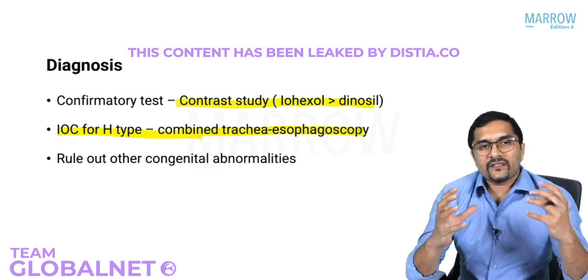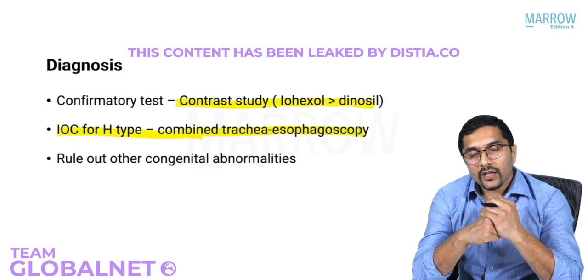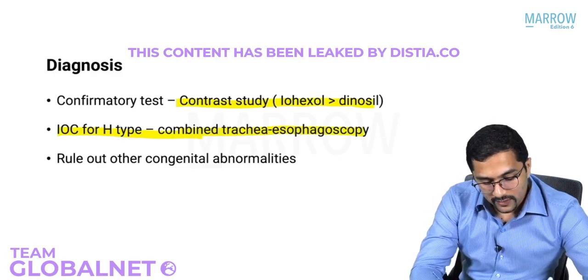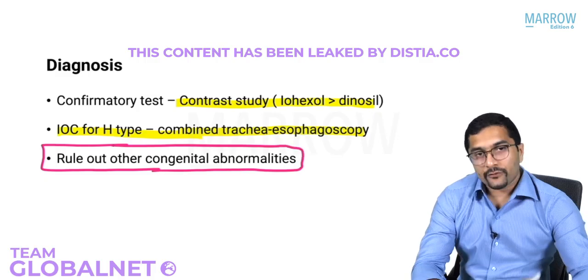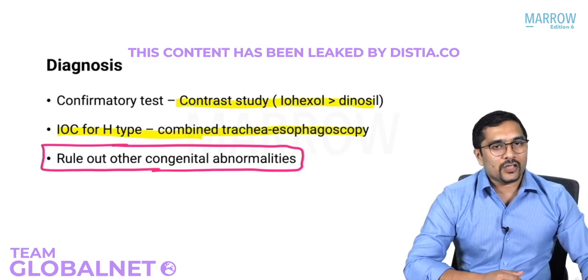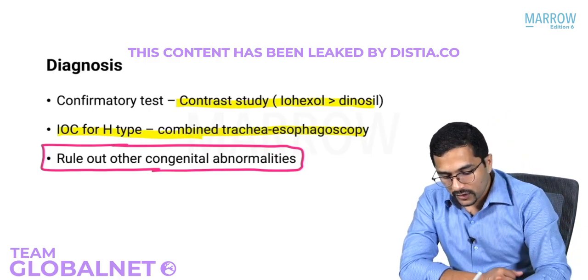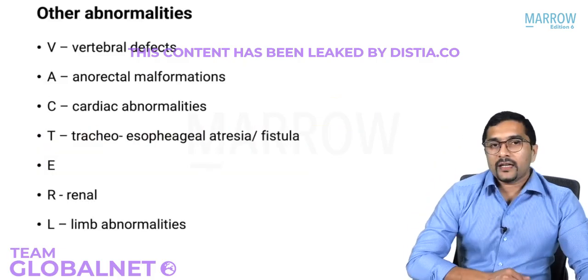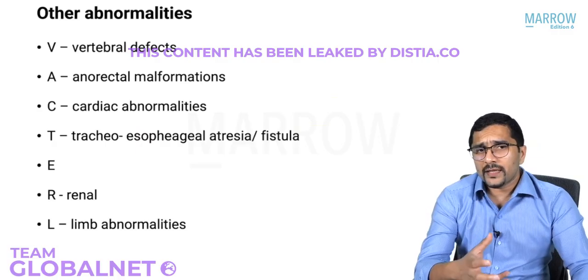Now, once we've confirmed the diagnosis that there is a tracheoesophageal fistula, we should always rule out other congenital anomalies. In a child, this is a dictum that if you find one congenital anomaly, you always search for other congenital anomalies. What is the very popular mnemonic to remember these? This mnemonic is known as VACTOR-L, and I've covered this at other places as well.